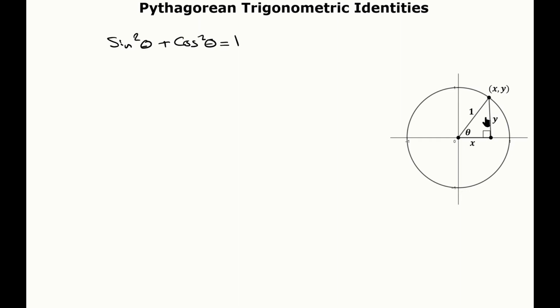So by the Pythagorean theorem, we have x squared plus y squared equals 1, replacing x with cosine of theta and squaring it, and y with sine of theta and squaring it, we get 1. And we normally write this starting with the sine squared theta.